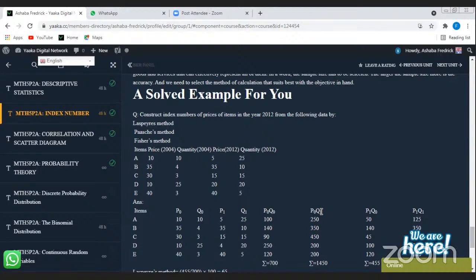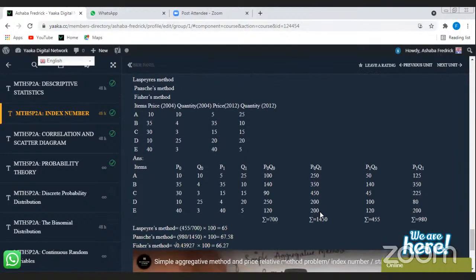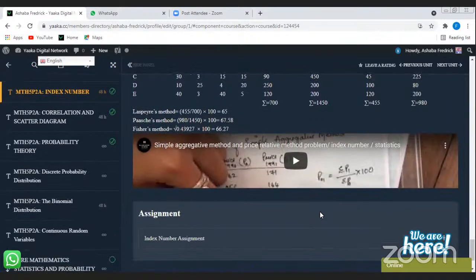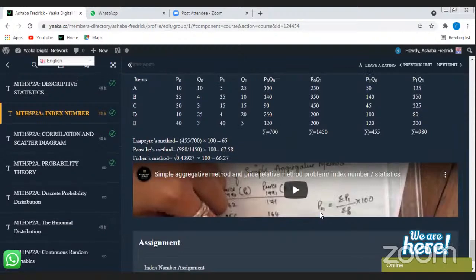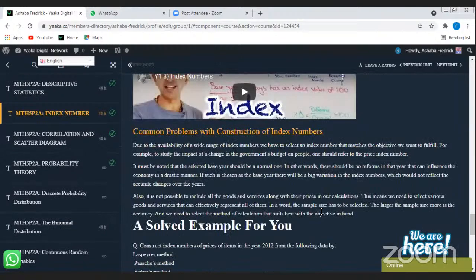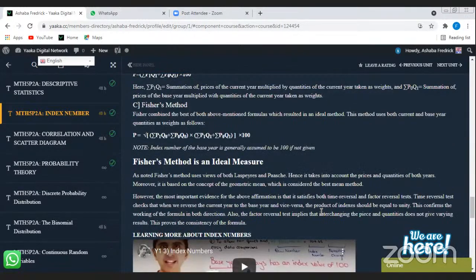So this one is given in terms of quantity. Maybe we'll begin with a simpler one. Okay. So let us first go through this Fisher's method of index measure.